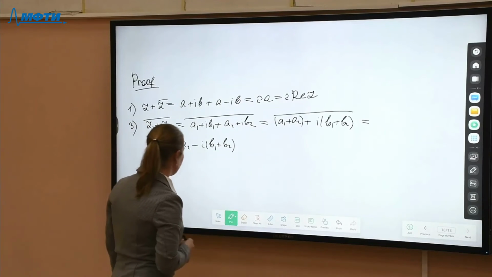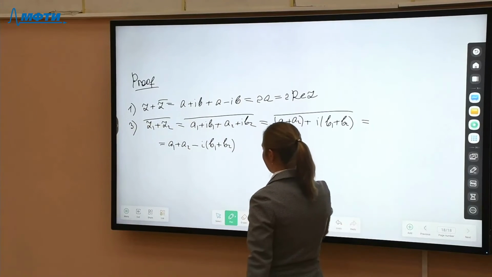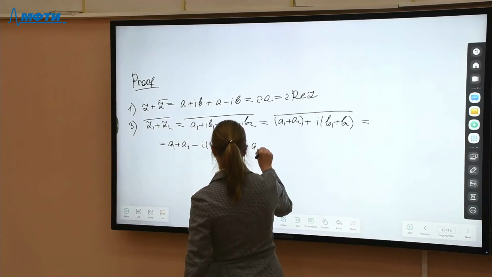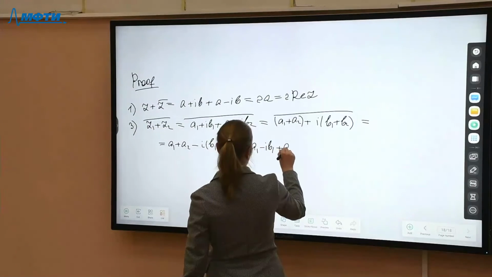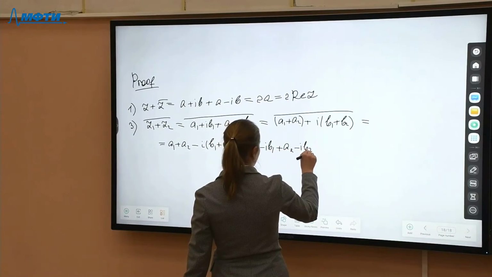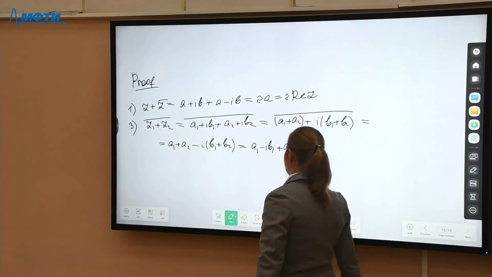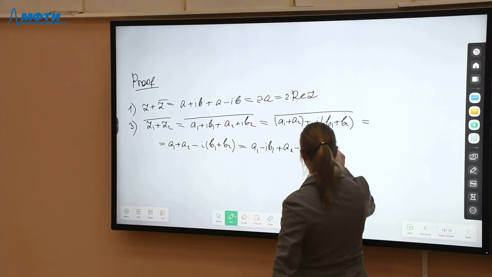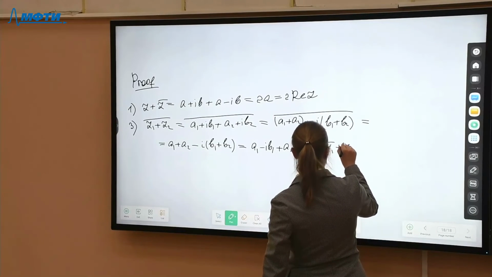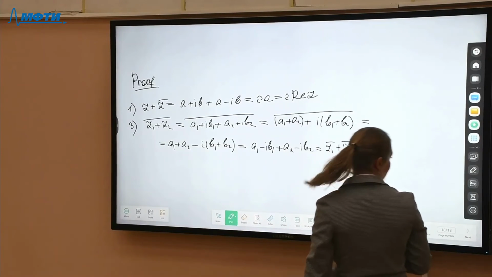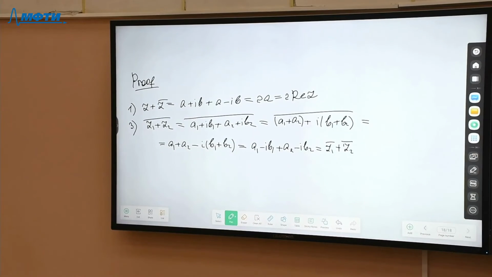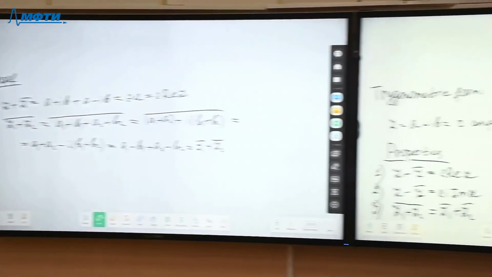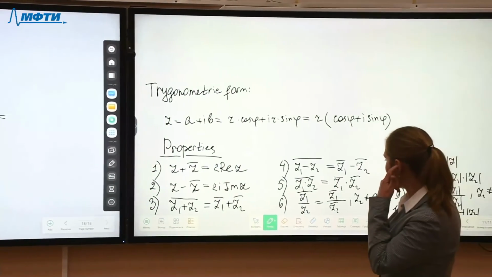We can represent this expression as a1 minus ib1 plus a2 minus ib2. And this is the conjugate of z1, and this is the conjugate of z2. So we have proved what we need. We can prove number 4 the same way. So again, let's keep it.